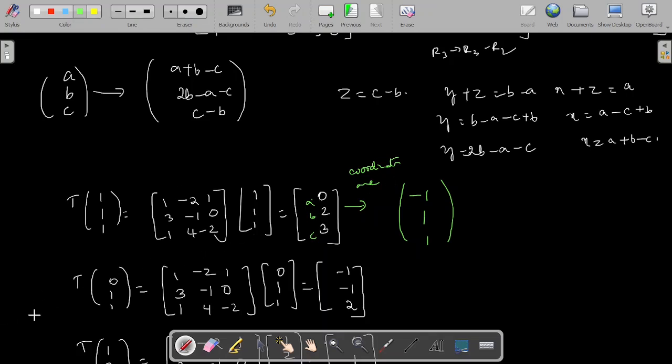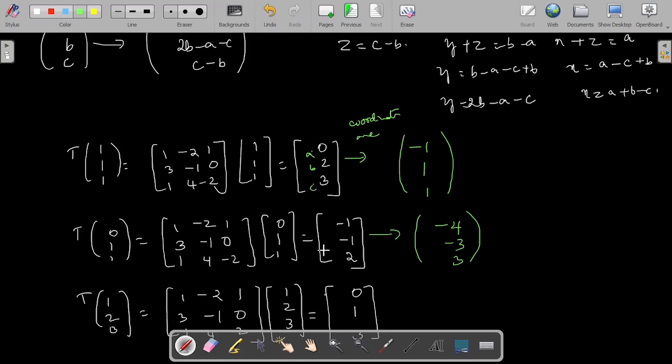Minus 1 1 1. Now this vector is minus 1 minus 1 2. It is called, in the new coordinate system with respect to the basis, apply here, minus 1, minus 1 minus 2 minus 2, minus 4. Then similarly you can check, this is minus 3 and this is 3.